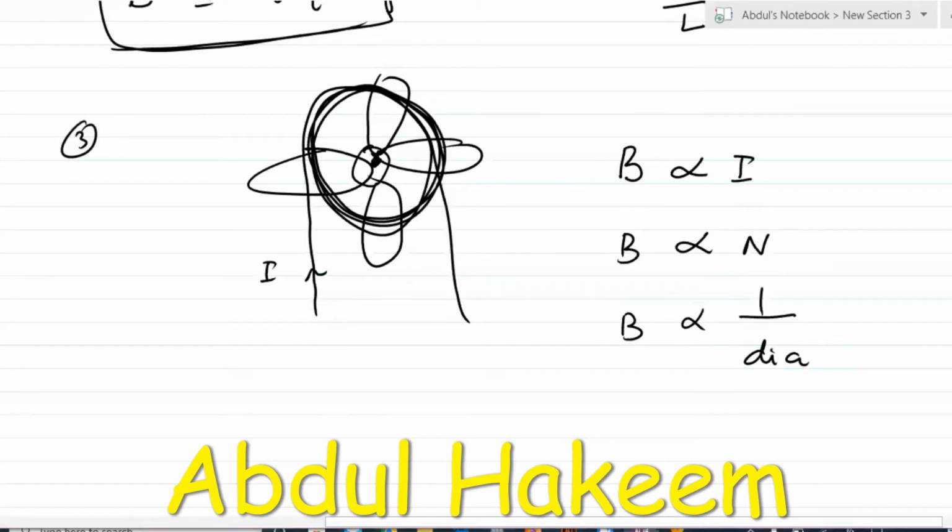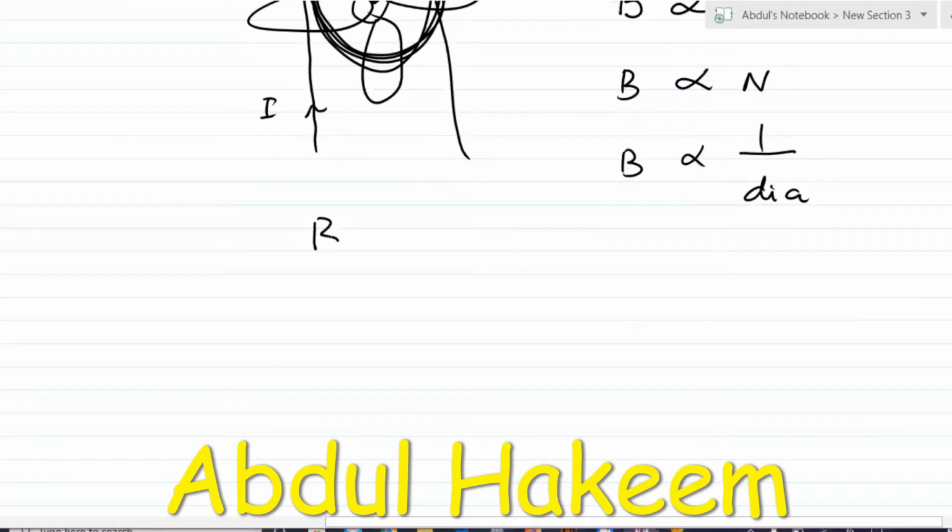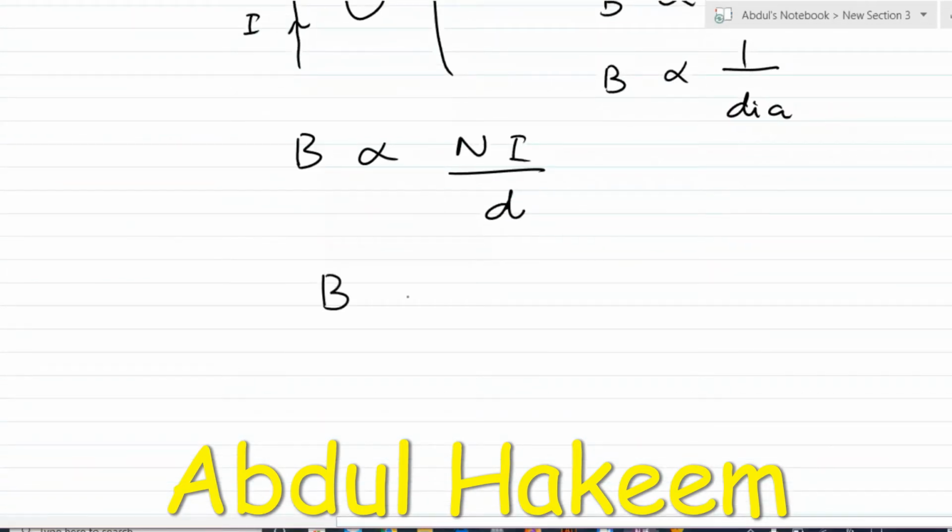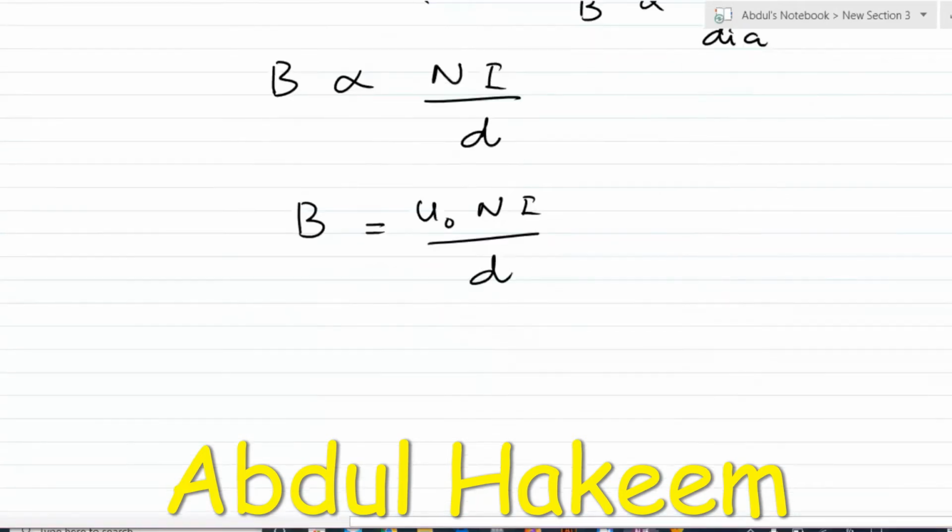So when we combine, it becomes B directly proportional to N I over diameter. So B is equal to mu naught N I over diameter, but d distance, d diameter, to avoid the confusion, the diameter d can be written as 2 times radius.